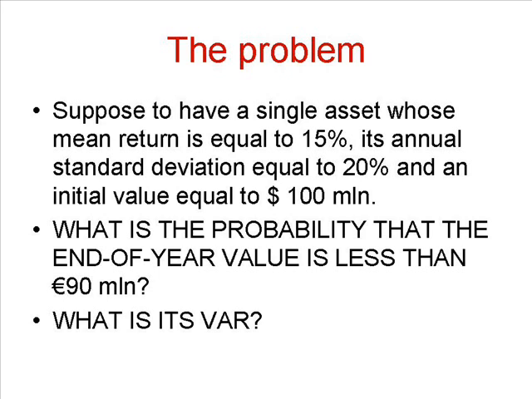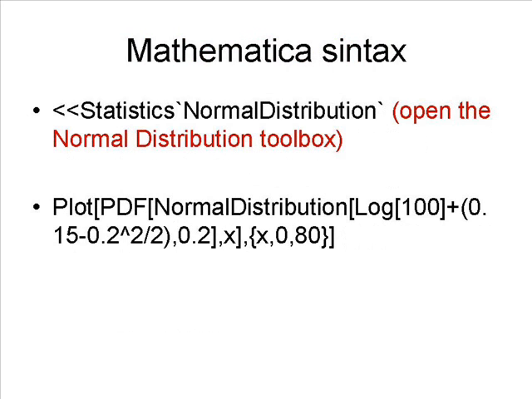And what is the value at risk? As I did in my previous example, I will use Mathematica software, a very useful tool. And the syntax of Mathematica to calculate the value at risk is the following.